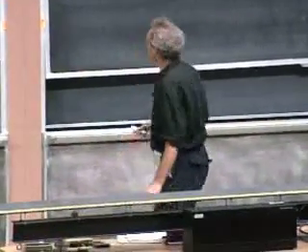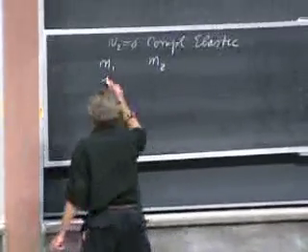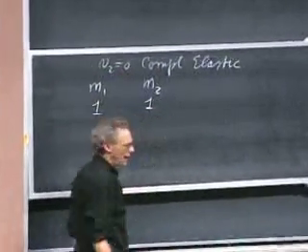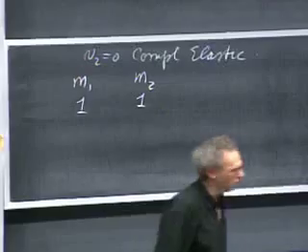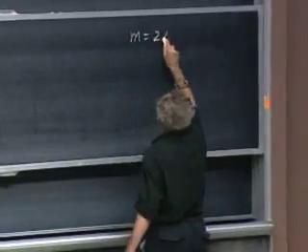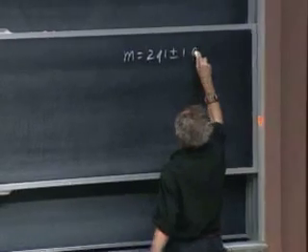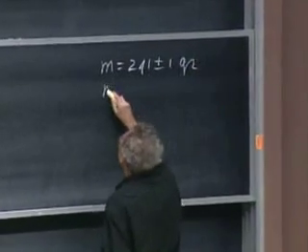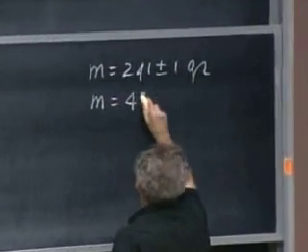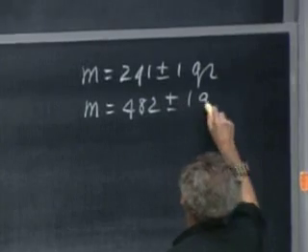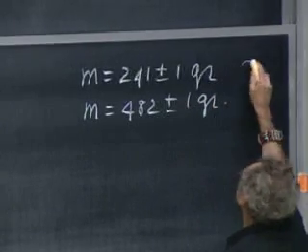So I have one mass of unit 1. I will tell you what that is. And I bang that into number 2. The masses that I have: one mass is 241 plus or minus 1 gram, and the other mass is 482 plus or minus 1 gram. And I have 2 of these.